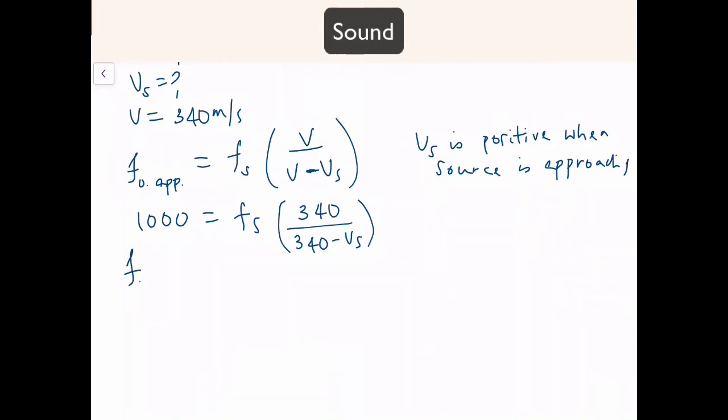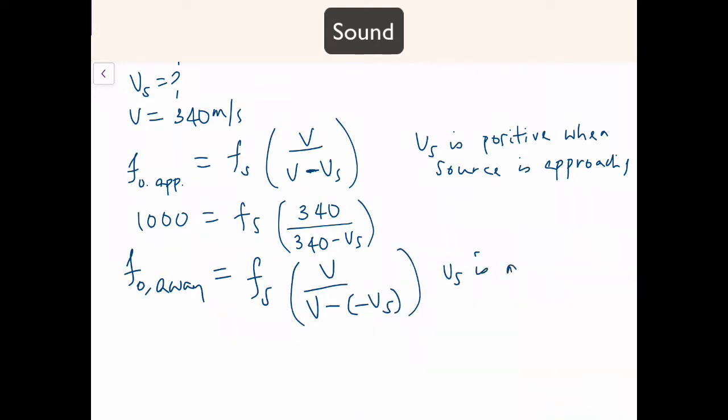So f, the frequency heard by the observer when the source is going away, will be fs, but this time v over v plus vs. Why? Because vs is negative when the source is moving away from the observer.